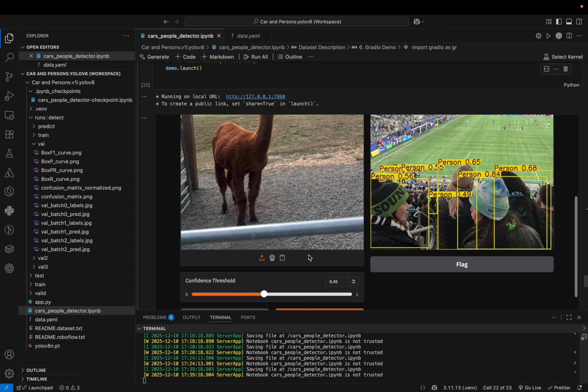And again, I think it's because the images used in the dataset for people were not very clear, with a lot of crowding and occlusion.